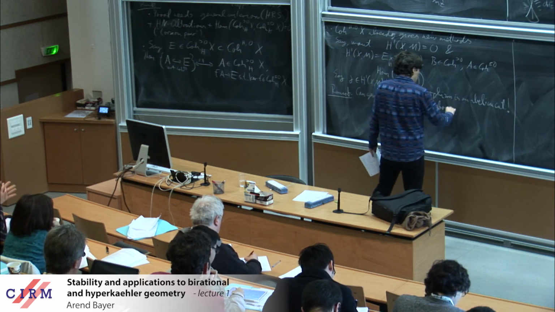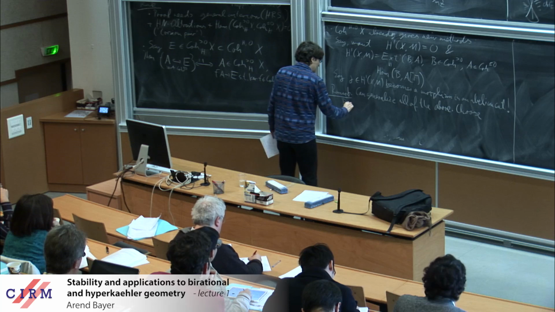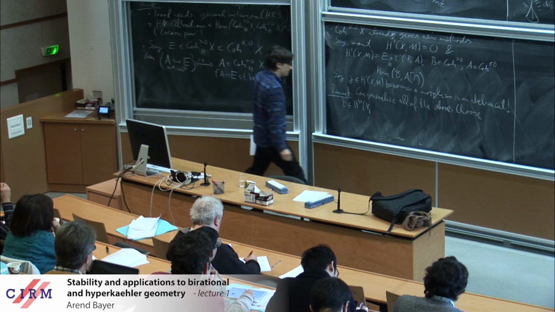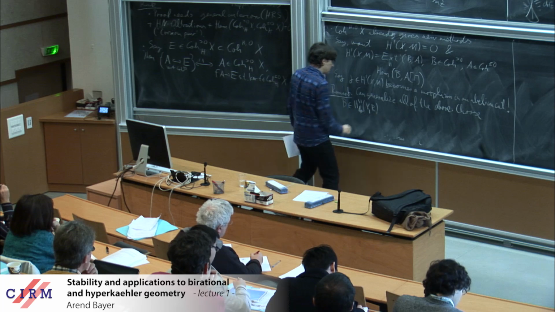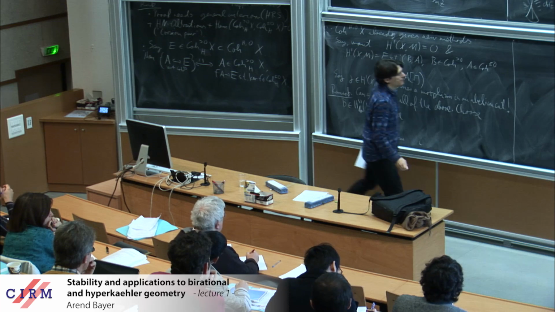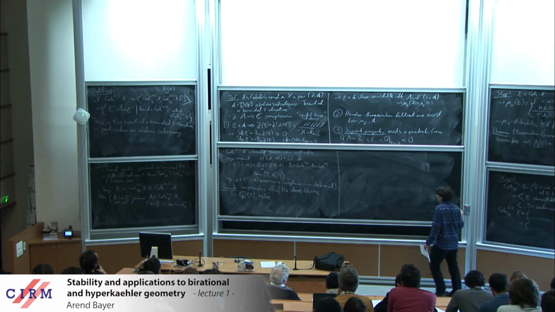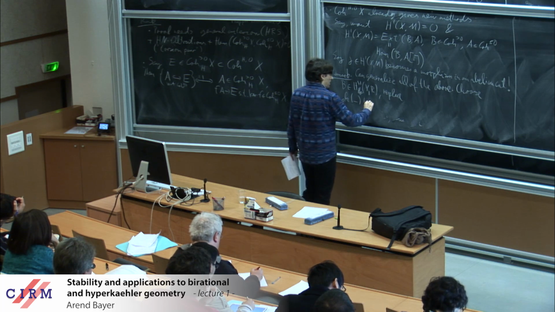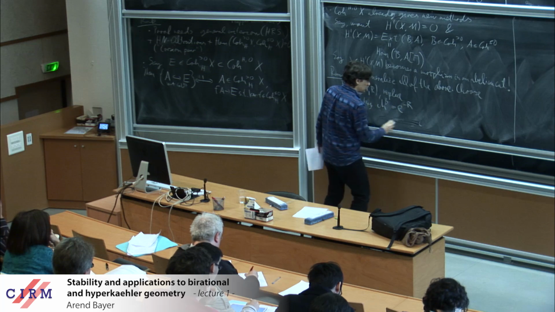Namely, one chooses what's called the B field, which is just a divisor class, an algebraic class in H^{1,1}, and then I just replace the Chern character by the twisted Chern character, ch^B, by which I mean just e^{-B} times the Chern character.